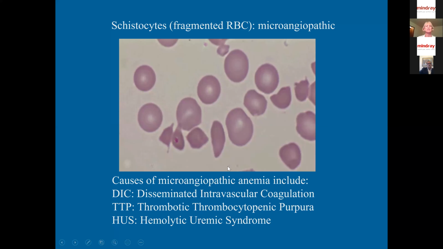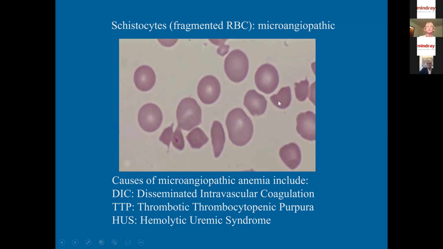So schistocytes are very significant, and when you see them on a blood smear, they really indicate that the person has a potentially life-threatening disease. They're usually acquired. People aren't generally born having schistocytes.